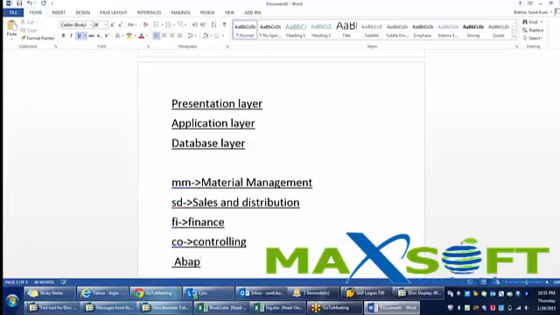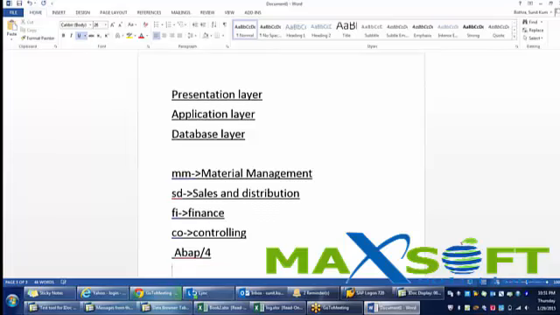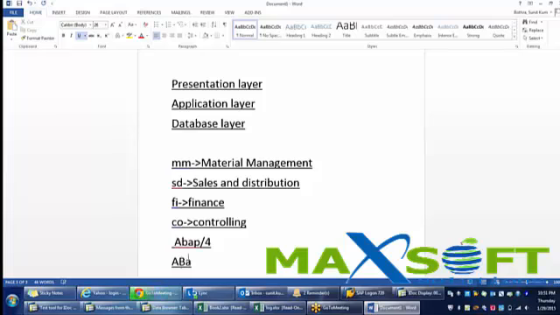Around till 2004-05, people used to say ABAP/4. I'll tell you what this 4 is, but nowadays we just say ABAP. So these applications, which you call modules, are developed using the ABAP language.